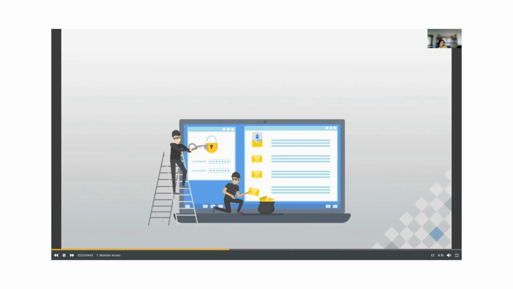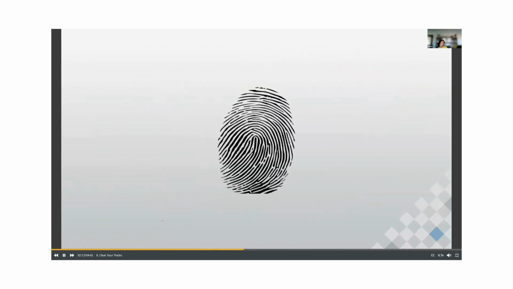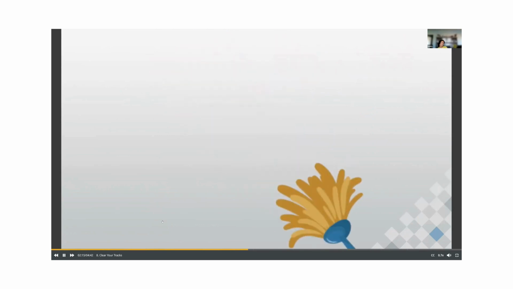You can do this by installing backdoors, rootkits, or Trojan horses. Once the hacker has permanent access to the system, they can use it to launch more attacks. The final step in the hacking process is clearing your tracks, when the hacker overwrites log files to hide the fact they were ever there.